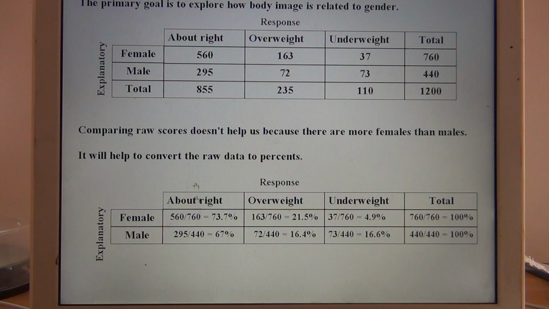You should know how to do that. Again, the process is you take the number in the cell and divide it by the total number, in this case, in that row, and then you multiply times 100, and that will convert it to a percent. Again, that's an important skill that you should know.